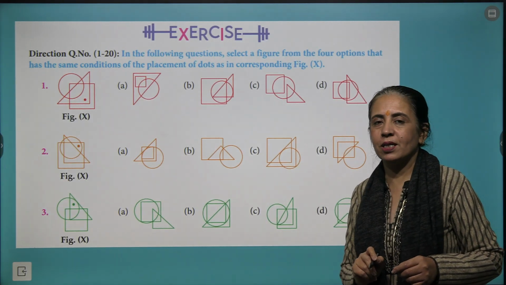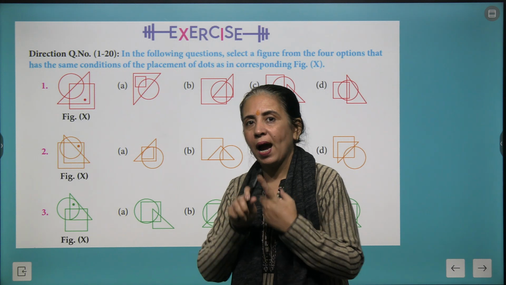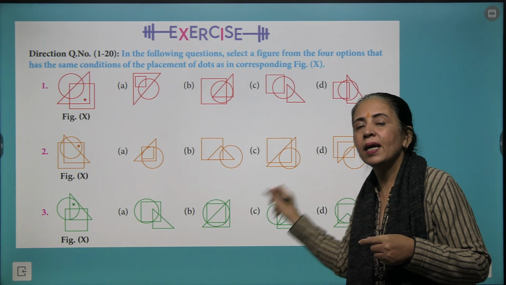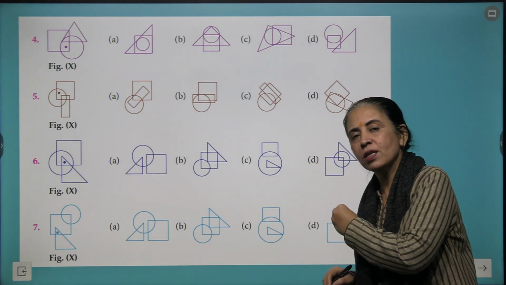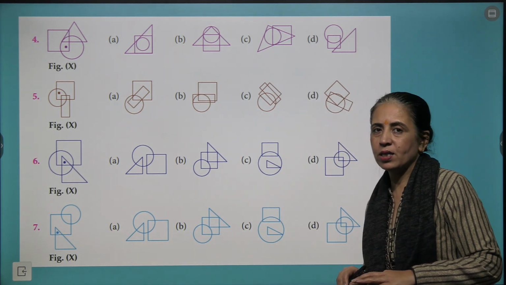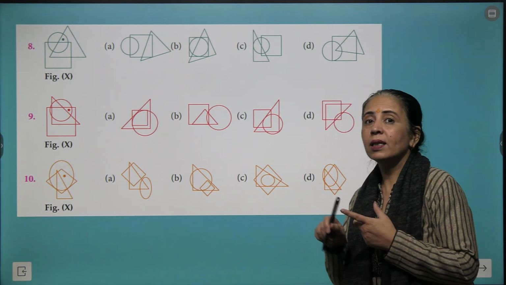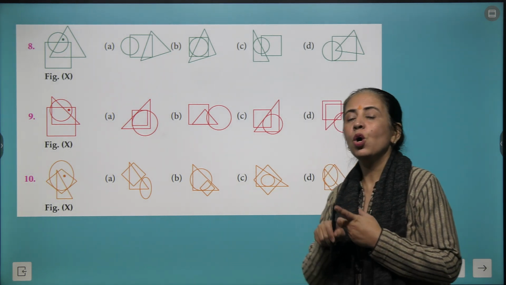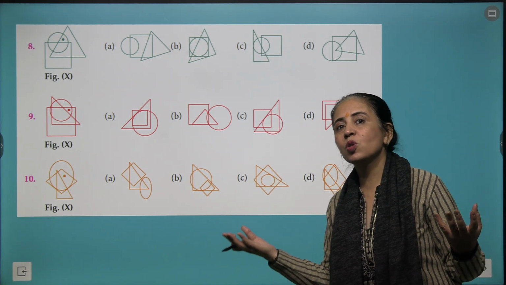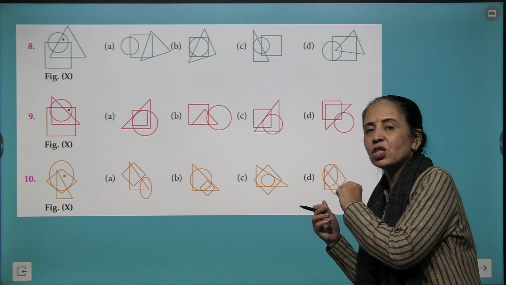Moving to more questions. The only thing you have to remember is look at the dot, identify its location and then keep checking for the options. Out of 4 options, let's try to eliminate as much as we can and the leftover will be your correct option. This happens in real life also. You get so many roads to move ahead and you have to choose the right path, and that's what we learn from the question over here.